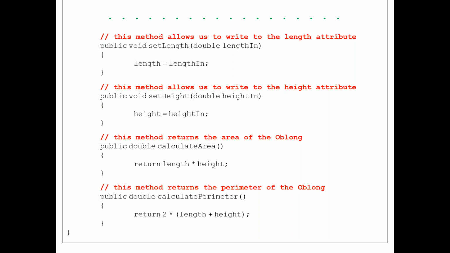With public double calculate area, this method returns the area of our oblong. By declaring this attribute, we're just going to retrieve the value that we've been given for our oblong. And then we have public double calculate perimeter, which will return the perimeter of our oblong.